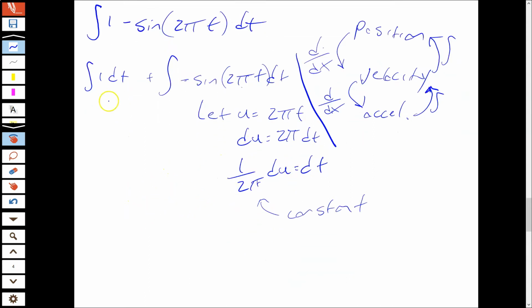So when I do that, first of all, the integral of 1 is just t plus c, right? But we'll write the plus c at the end when we've integrated everything. And then I get the integral of negative sine. I'm going to leave a space here for me to write my constant. Negative sine of u, so I've plugged in u now, du. But what I'm plugging in here is dt is equal to this, right? So du and then 1 over 2 pi is my dt.